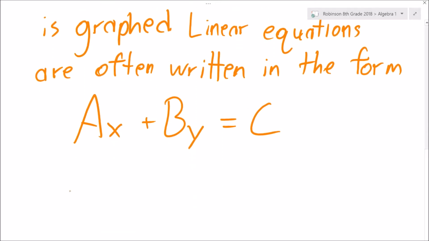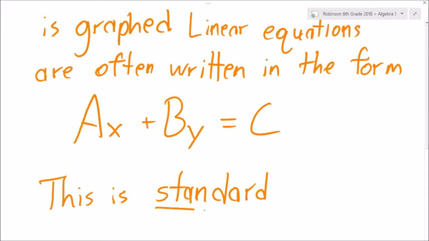And this is called standard form. We need to know that. This is standard form.